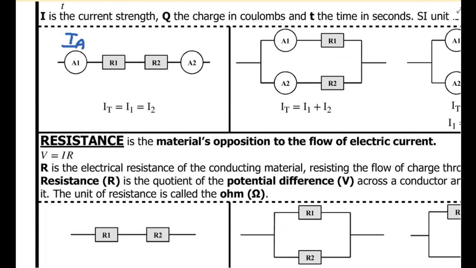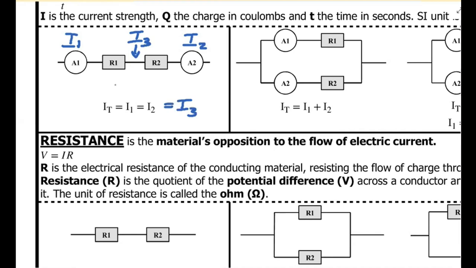Sorry, that was supposed to be I1, not IA. I1 would be the same as I2. So the current through both those resistors is the same. And if we had another ammeter in the middle, let's say I3, that would read exactly the same value.